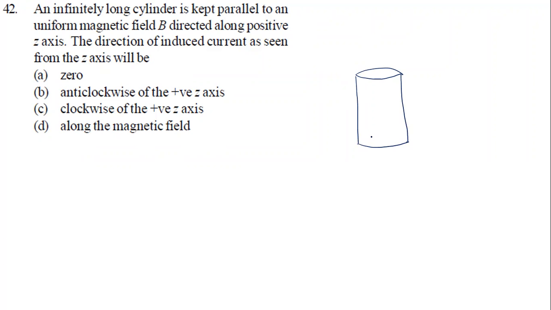That's not shown. So this is the axis of this coil. So we call it the axis. The uniform magnetic field is directed along the positive z axis, the same axis. Now the direction of induced current as seen from the z axis will be how much?